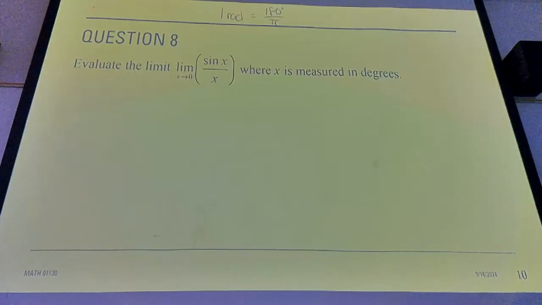It's not incorrect, but that's not typically how we represent it. Generally it starts off as pi radians is 180 degrees, and then from there you get your conversion factor depending on which way you want to go.